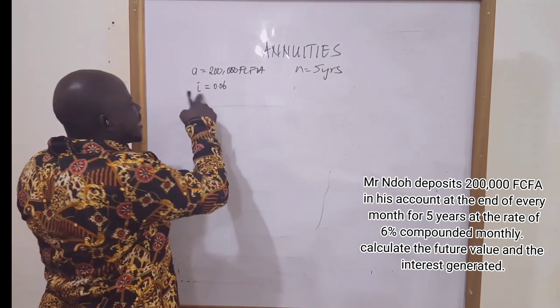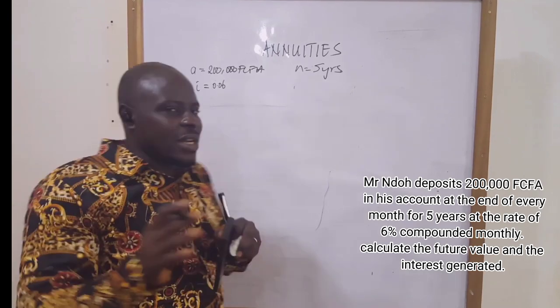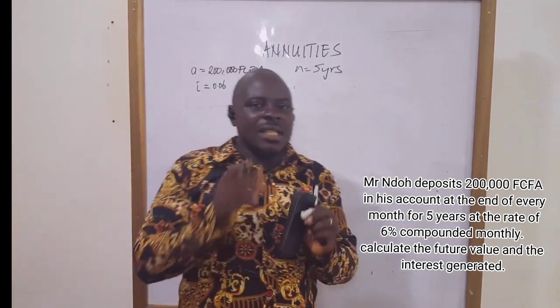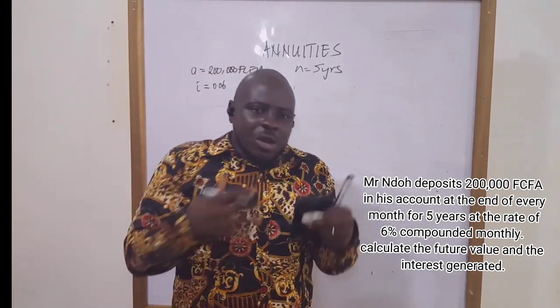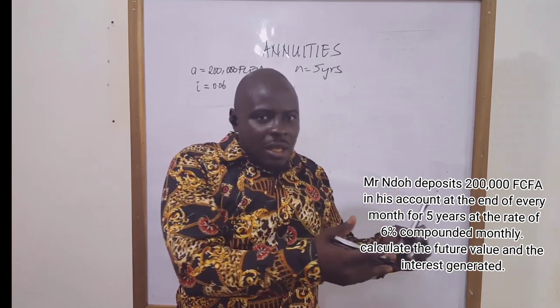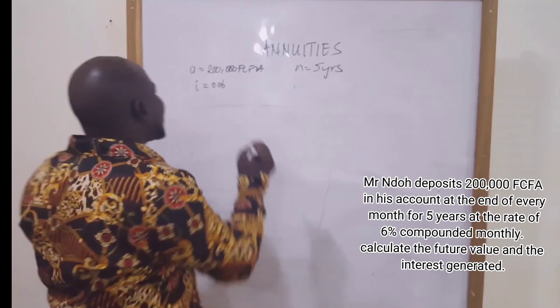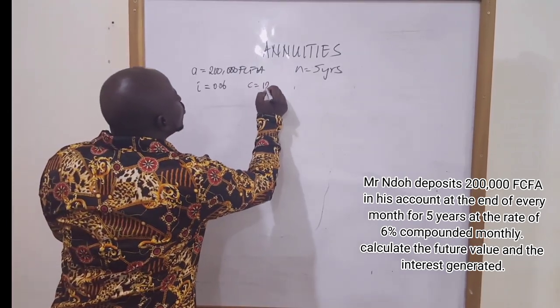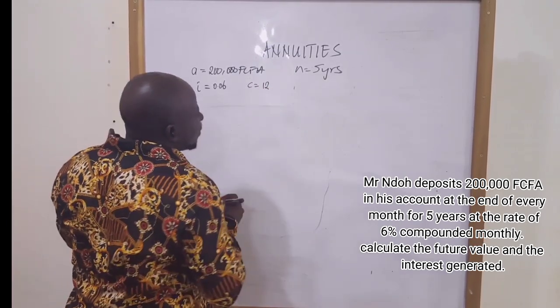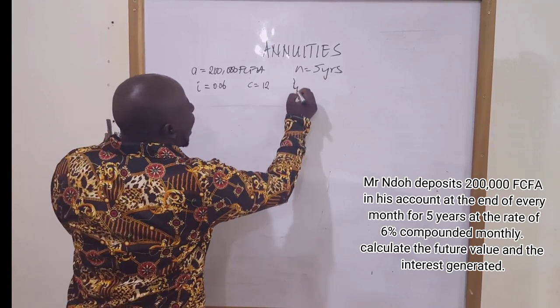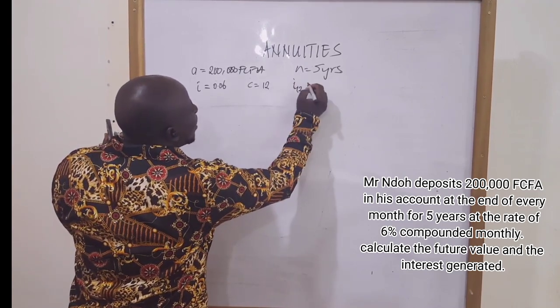So we have 0.06, right? This is the annual rate, 6% compounded monthly. It therefore means that the 6% is the annual rate, but compounding is done monthly, right? So we need to calculate the monthly proportional rate in this case. So small c will be equal to 12, the number of compounding periods per year. So we want to calculate our I12, that's our proportional monthly rate.